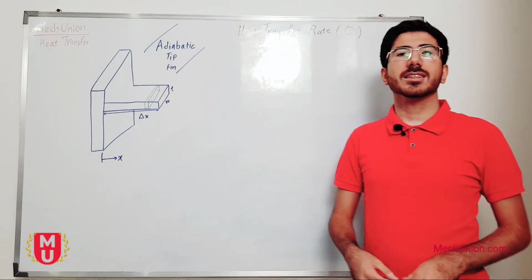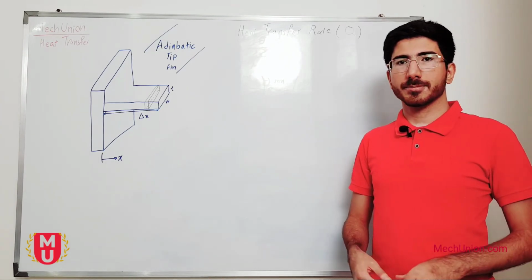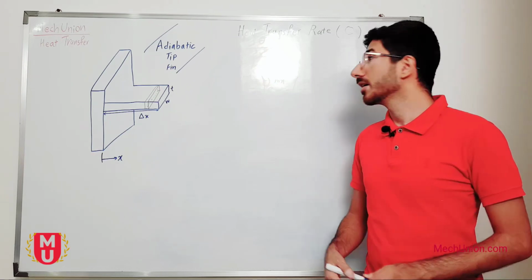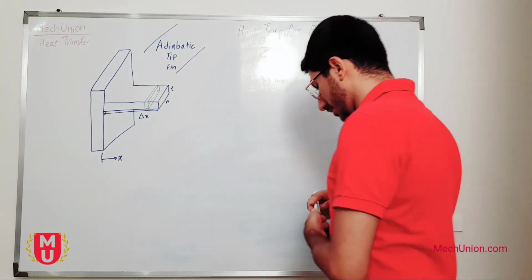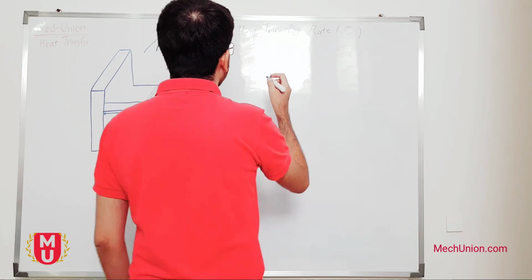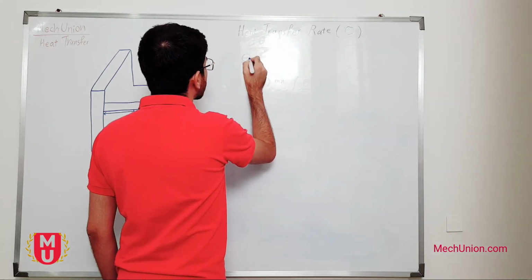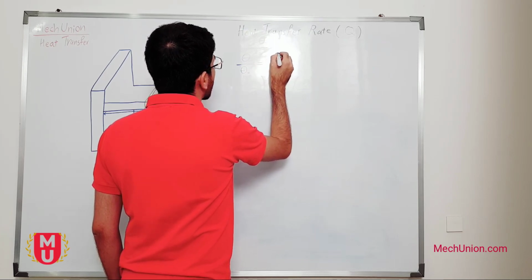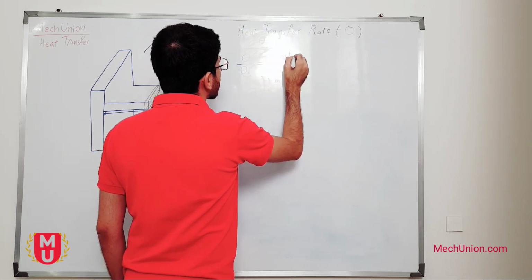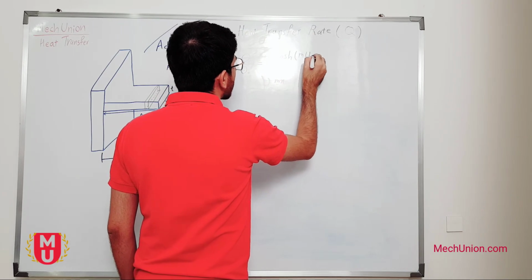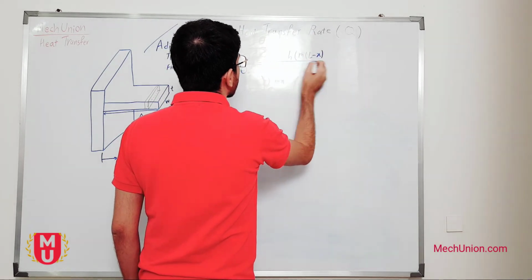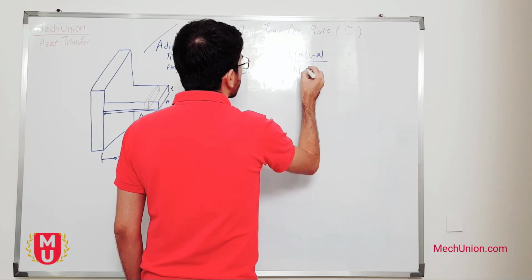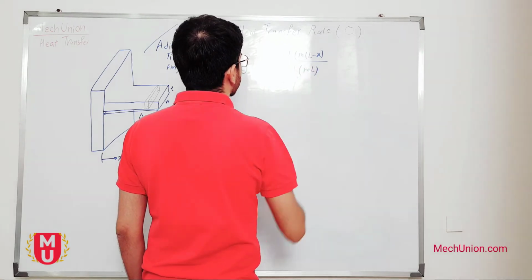For evaluating heat transfer rate through an adiabatic tip fin, we use Fourier's law of heat conduction. We had the temperature distribution equation: theta over theta naught equals hyperbolic cosine of m times L minus x over hyperbolic cosine of ml.